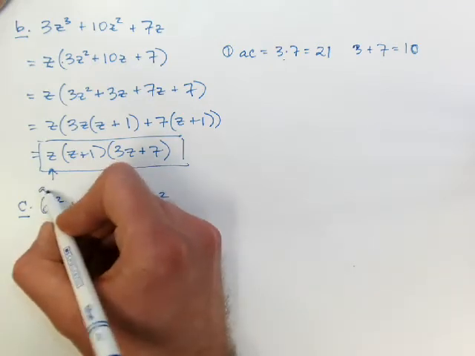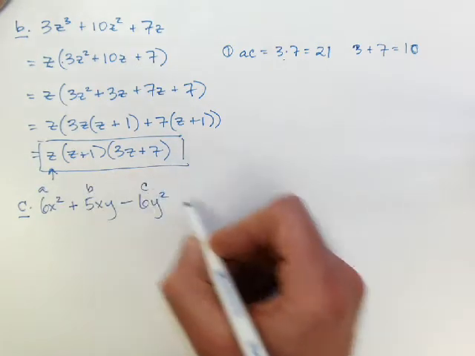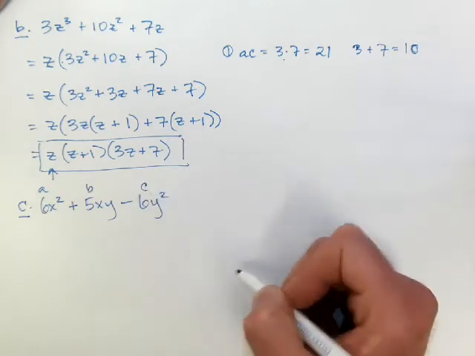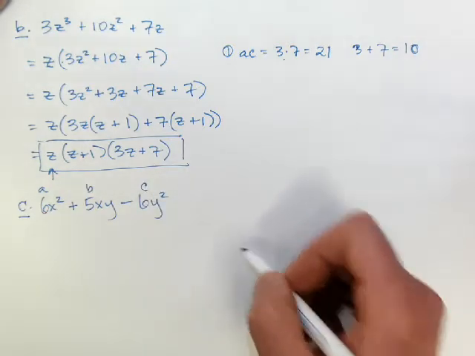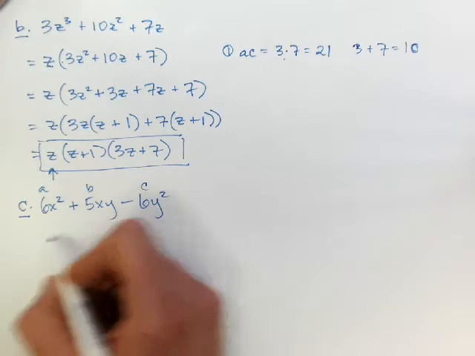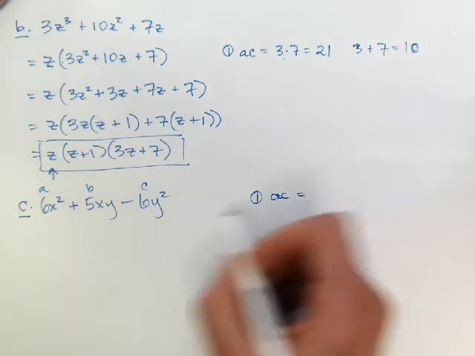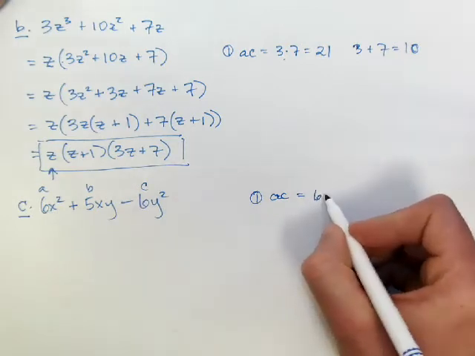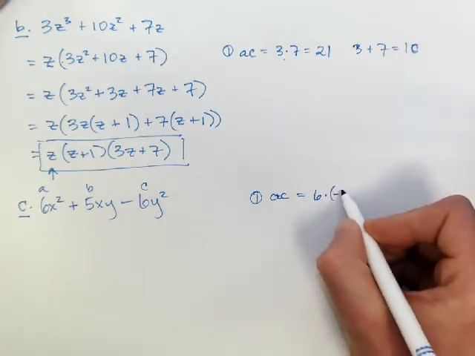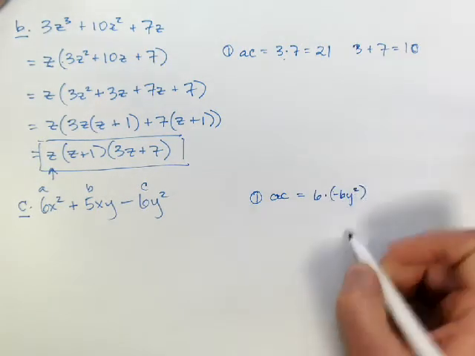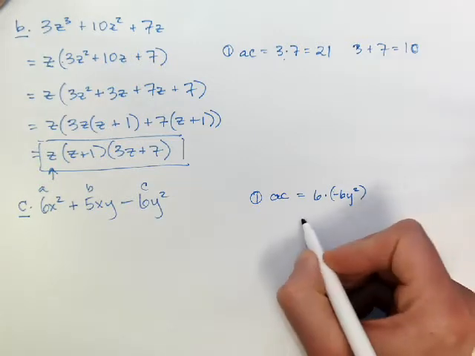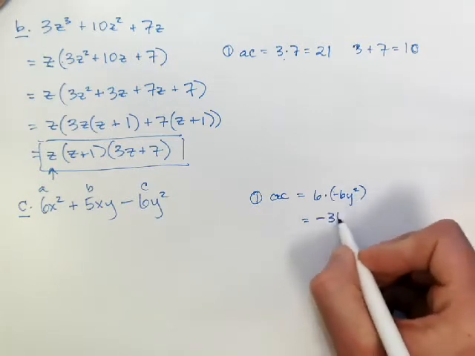So we still use a, b, c. Keep a y with your c. So first, when we look for AC, I'm going to calculate AC as 6 times a negative 6y squared. So that equals minus 36y squared.